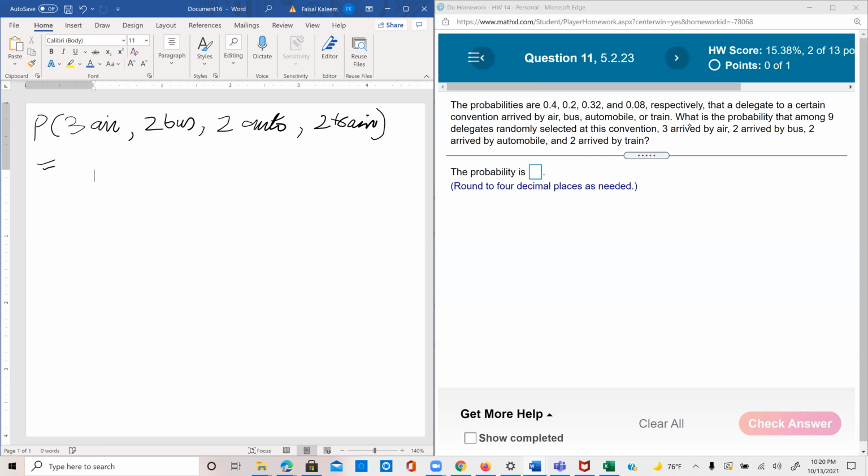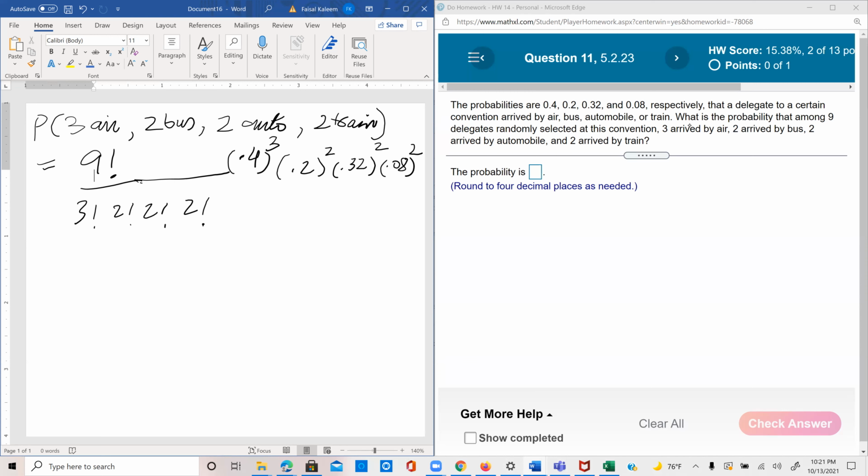Well, that would be equal to n factorial, and n in this case is 9, divided by these factorials, 3 factorial, 2 factorial, 2 factorial, 2 factorial. And the probability is 0.4 for air, so 0.4 power 3, 0.2 power 2, 0.32 power 2, and 0.08 power 2.